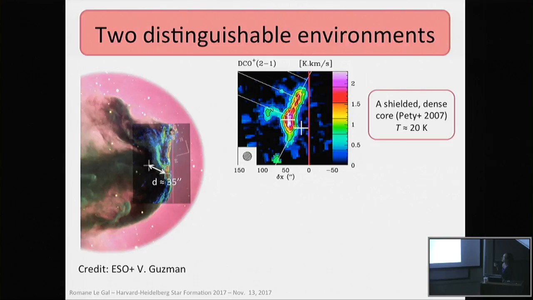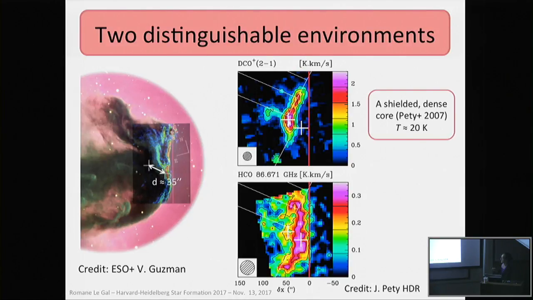From this observation, Pety et al. 2007 derived a temperature of 20 K for this position, which seems to characterize a more shielded dense core position, whereas the other position, the less embedded one, was shown to trace a more illuminated region. From the HCO observation, Gerin et al. 2009 derived a temperature of approximately 60 K, highlighting that this position was probably more impacted by the UV flux from the star.